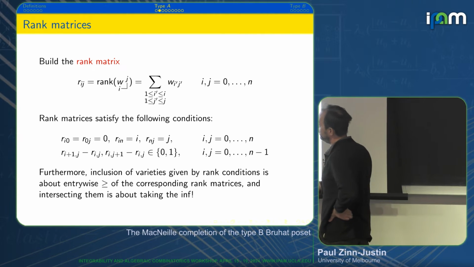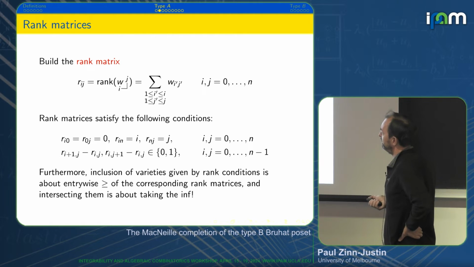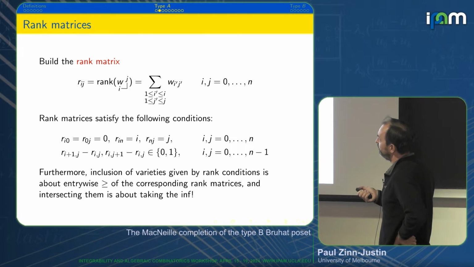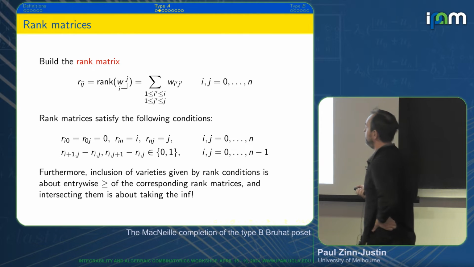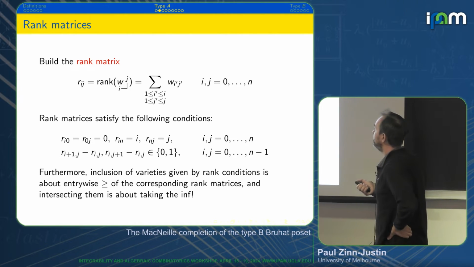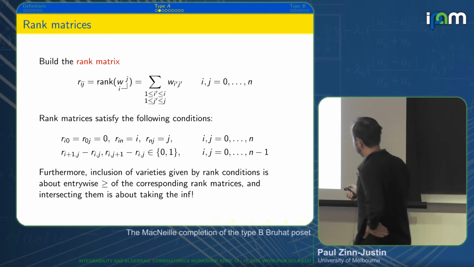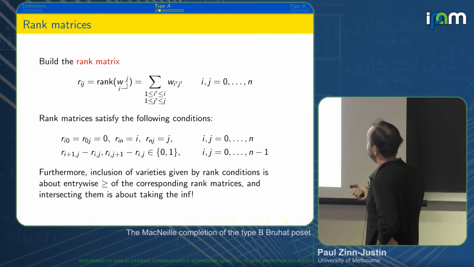And another good news is even the lattice structure is kind of obvious. Intersecting two varieties given by rank conditions is just about taking the inf of the rank at every point, which is, again, the obvious thing. So we've entirely encoded now the combinatorics into those rank matrices.